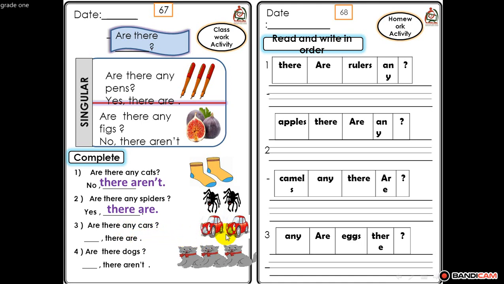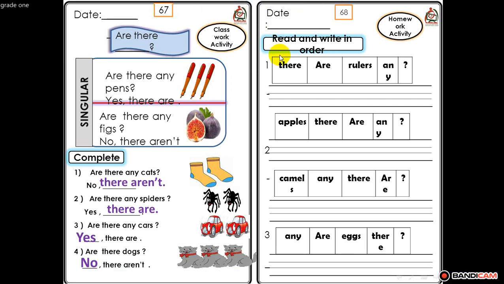Yes, there are. Number 4. Are there dogs? Look at this picture. Yes or no? No. So I have to say, no, there aren't.